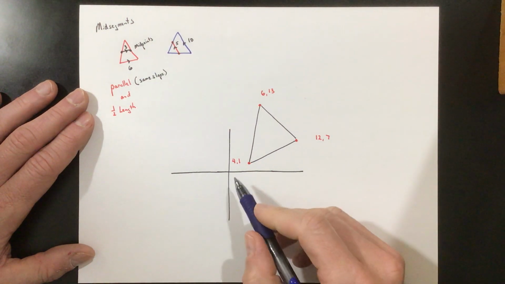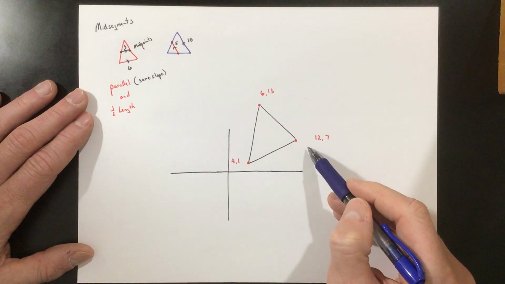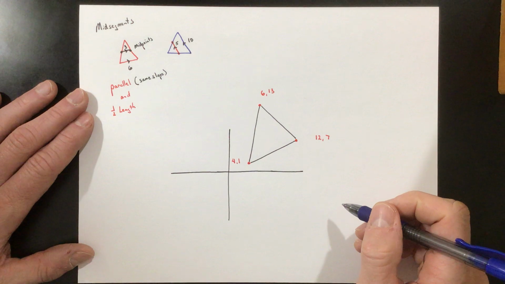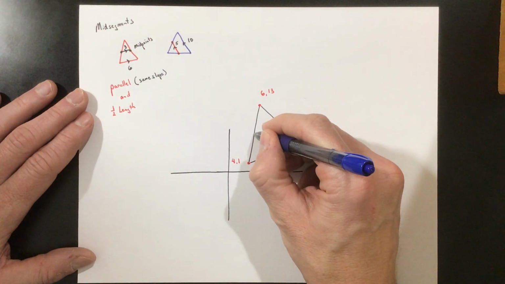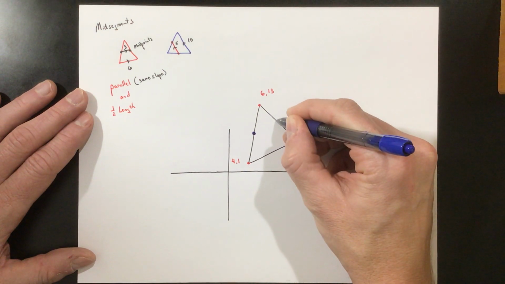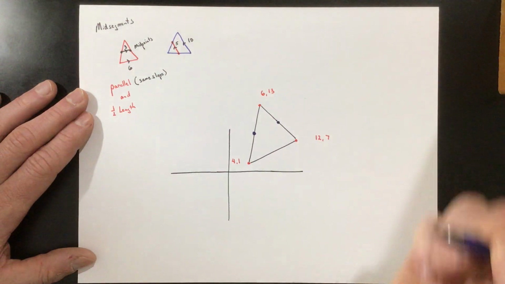Okay, so I have a triangle formed by (4, 1), (6, 13), and (12, 7), and it's plotted roughly to scale. I'm going to find the midpoint here, and I'm going to find the midpoint there, something close to that.